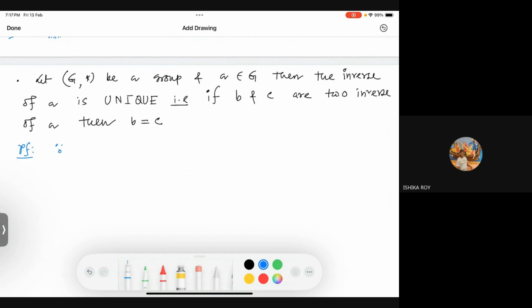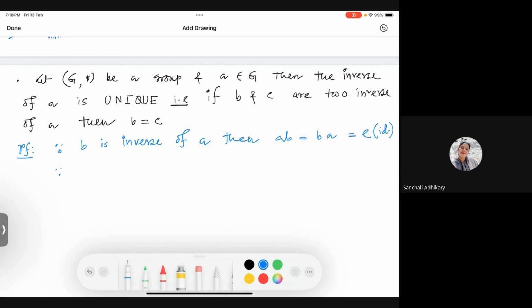Since B is the inverse of A, then AB is equal to BA is equal to identity. This is the identity element of the group.